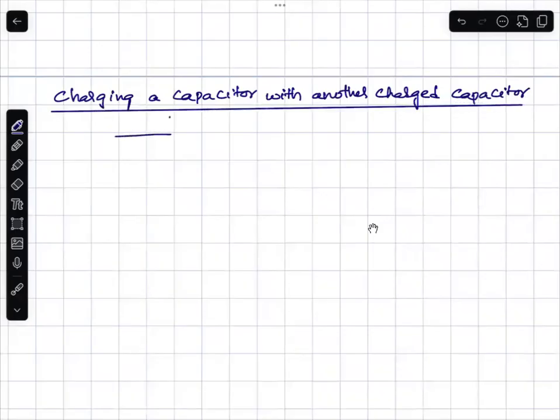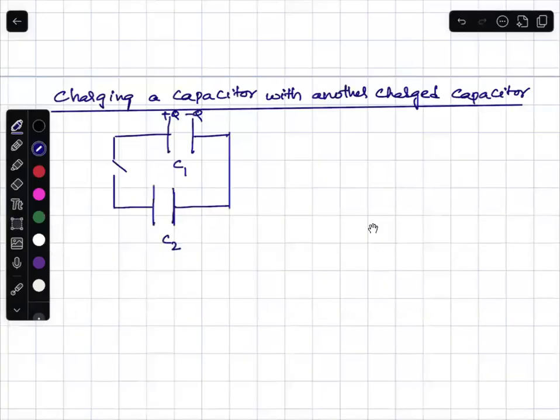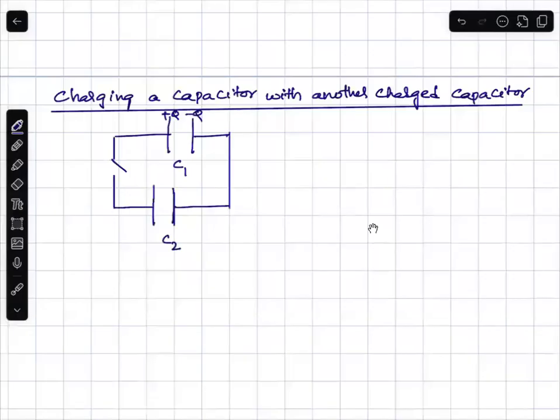Which means you have a capacitor of capacitance C1 with charge plus Q. Now you have closed the switch. Then what happens? Sharing of charge takes place. Any doubt till this point?